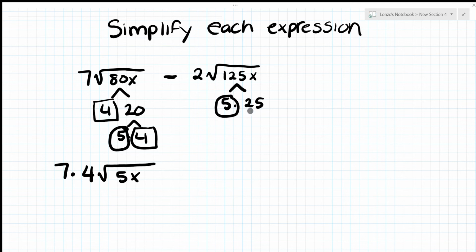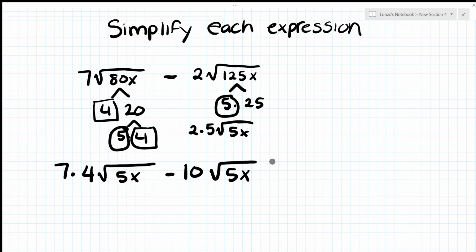The good one goes outside the radicand, but it's not 25, it's the square root of 25, which is 5. So it's 2 times 5 square root of 5 and then the x. So it's going to be minus 2 times 5 is 10 square root of 5x.